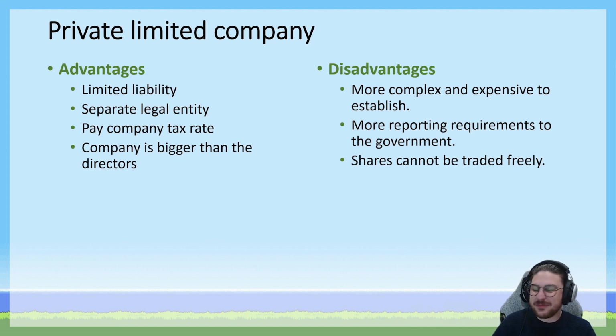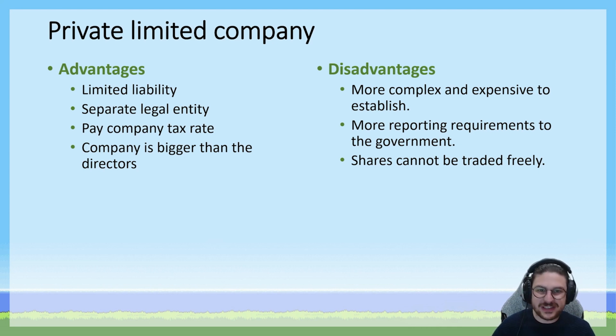One advantage of being a private limited company is that limited liability. It's a really attractive prospect for shareholders. Certainly, it protects the owners of this type of business from the sorts of risk that the owners of unincorporated businesses have to deal with. And certainly, because it's a separate legal entity, they pay the company tax rate.